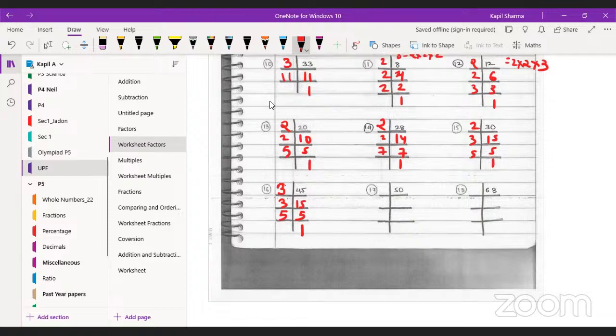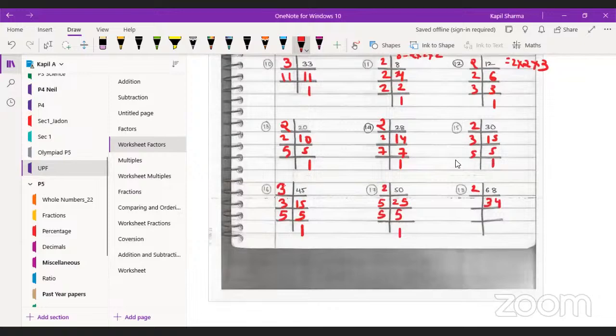Okay, next one. 50. 2 times 25, then 5 times 5, 5 times 1. Yes, 68. 2 times 34.